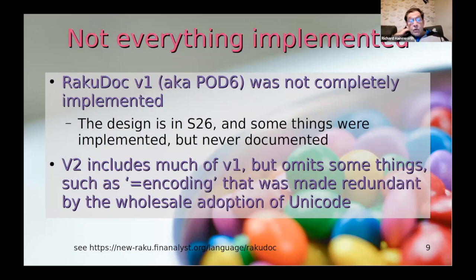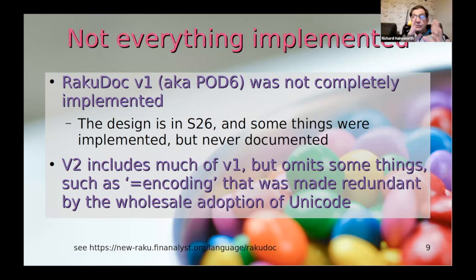As I said before, version 1 was not completely implemented. An example of that would be alias. Equals alias allows for some name, say terms and conditions, and you would put terms and conditions in, say, capitals.